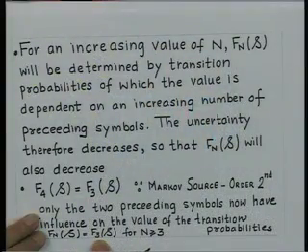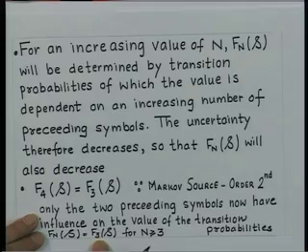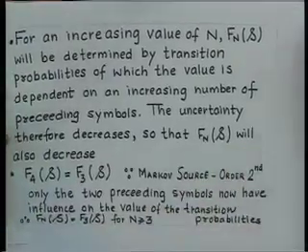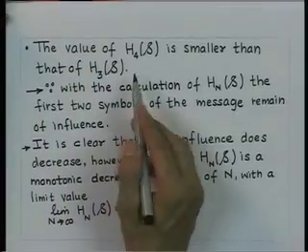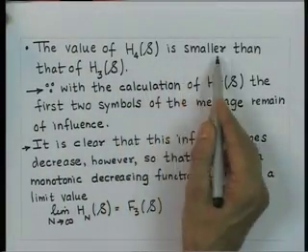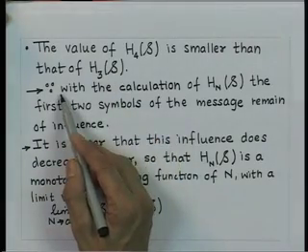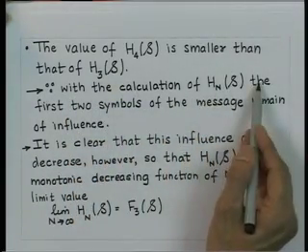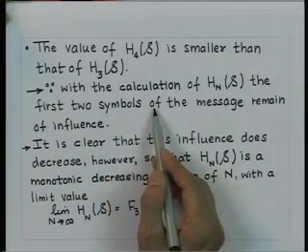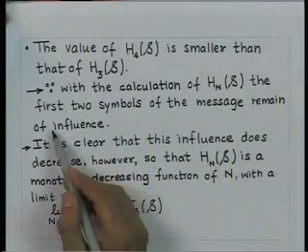Now, another interesting result is that FNS does not change beyond F3S, but what happens to H4S? If you look at the H4S calculation, you will find that the value of H4S is smaller than that of H3S, because with the calculation of HNS, the first two symbols of the message remain of influence.